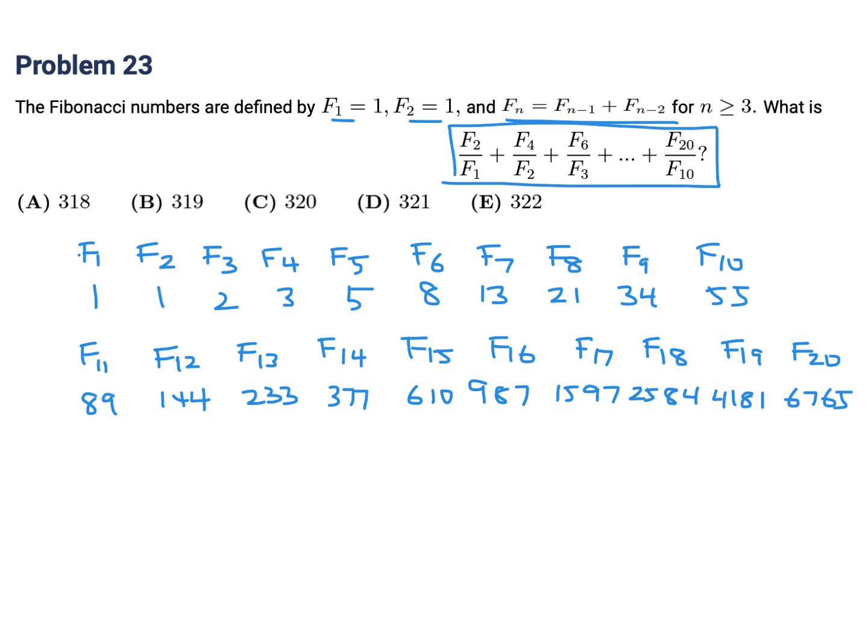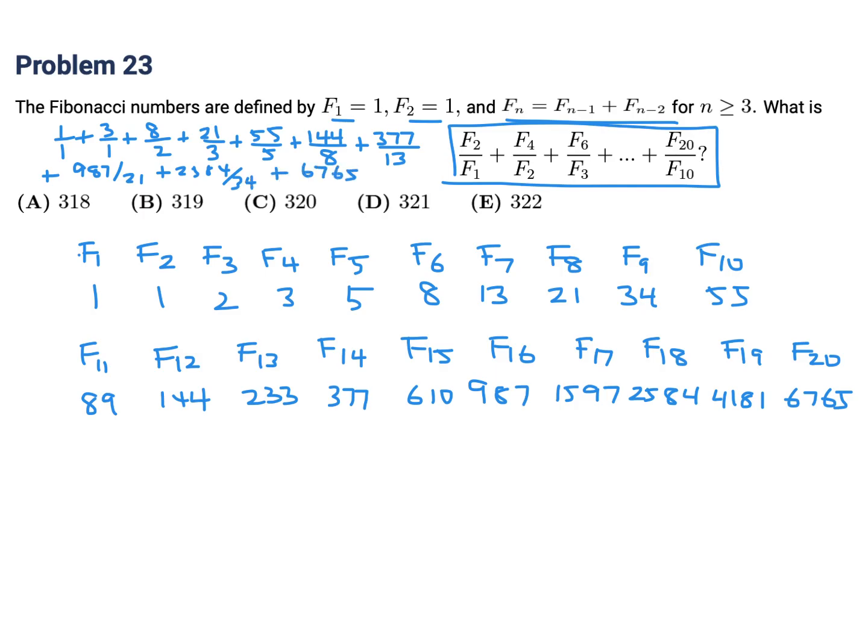Okay, so let's just do it. Let's do that thing. So it would be, let's see here, f2 over f1, so 1 over 1 plus 3 over 1 plus 8 over 2 plus 21 over 3 plus 55 over 5 plus 144 over 8 plus 377 over 13 plus, what's the next one? 987 over 21 plus 2584 over 34, and then 6765 over 55.